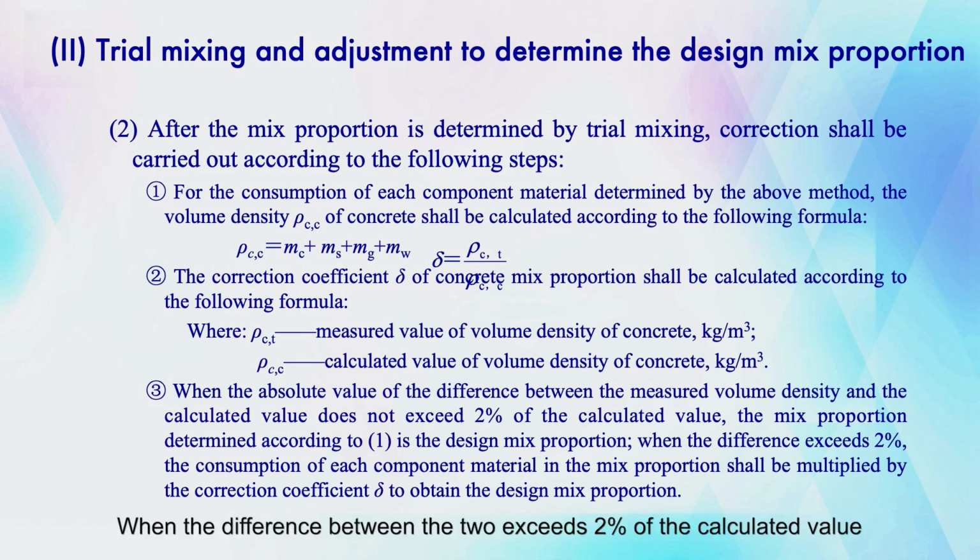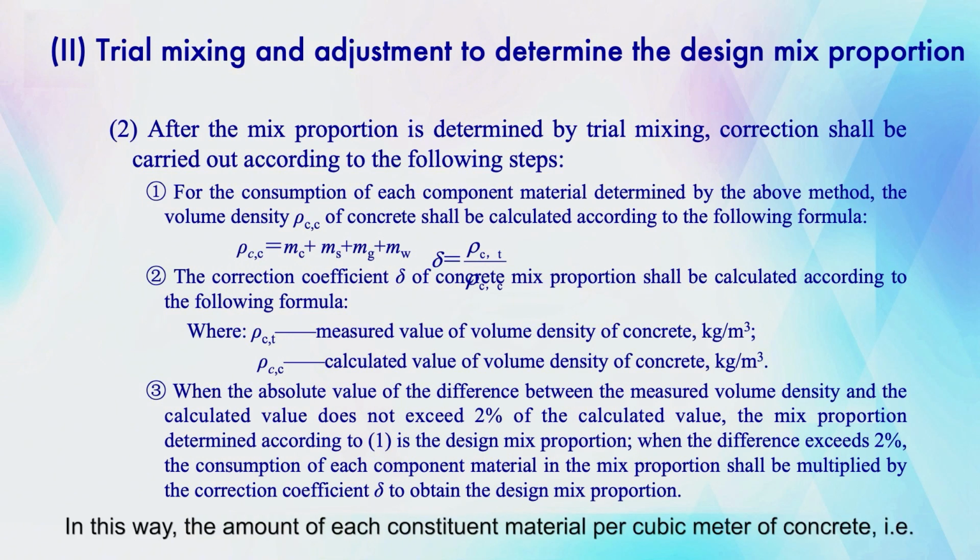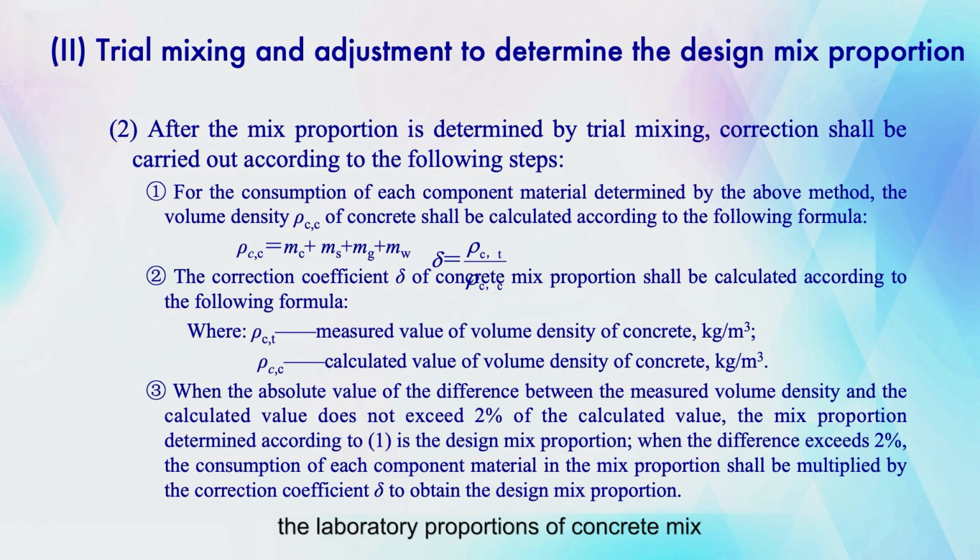When the difference between the two exceeds 2% of the calculated value, the amount of each material is multiplied by a correction factor to determine the final amount of each material in a laboratory mix. In this way, the amount of each constituent material per cubic meter of concrete, i.e., the laboratory proportions of concrete mix that meets the strength requirements of concrete, is determined.